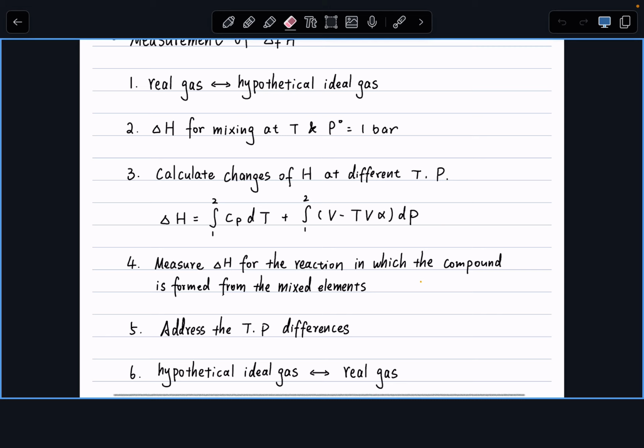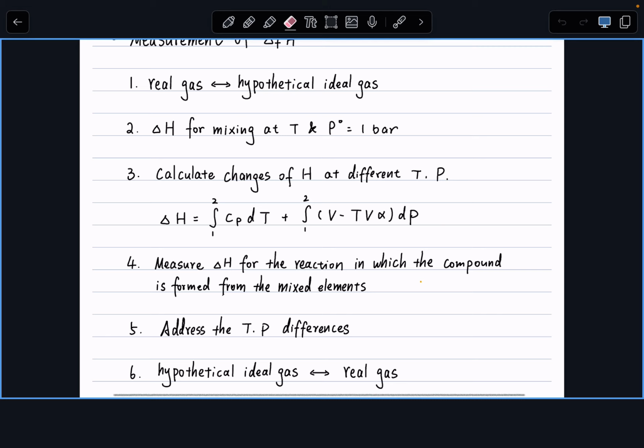Right, so in order for us to calculate how enthalpy is going to change with respect to temperature and pressure, we can of course use an isothermal pressure change followed by an isobaric temperature change, or vice versa.